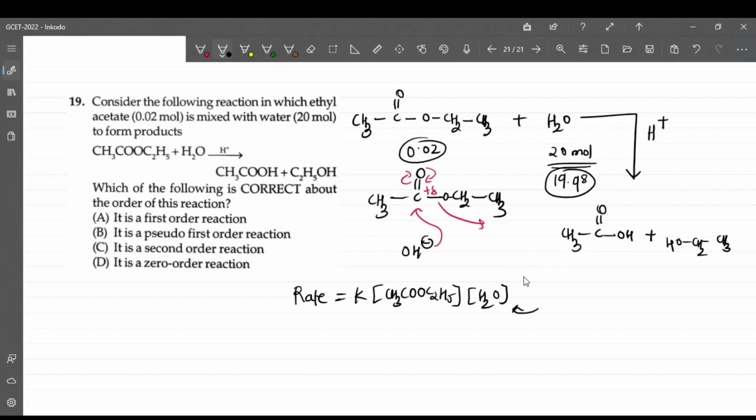So rate is not dependent on the concentration of water. Rate is dependent only on the ester. So although it looks like a second order reaction, it is a pseudo first order reaction because the concentration of water is not changing. So the answer is option B.